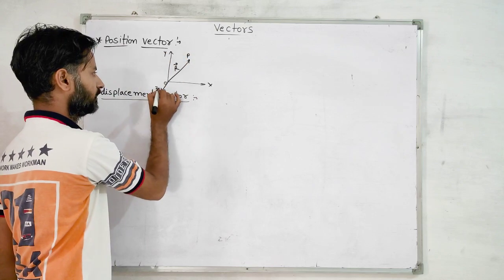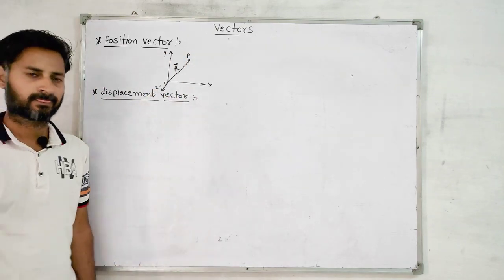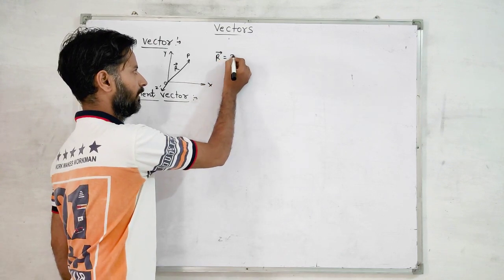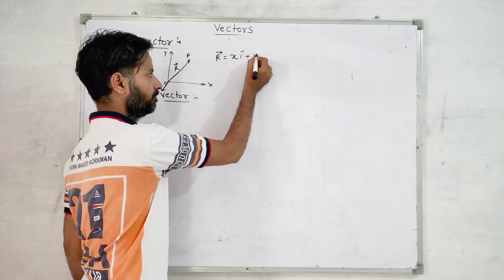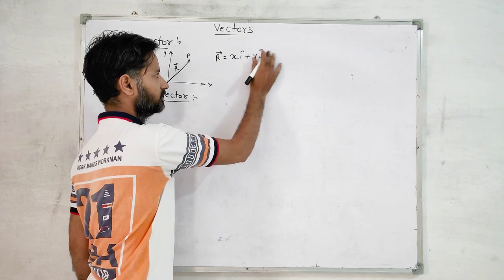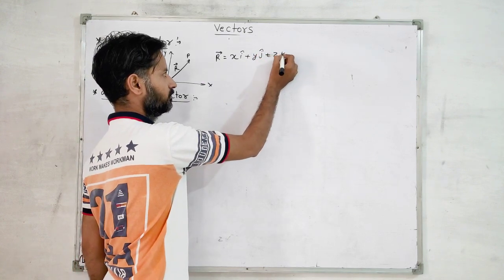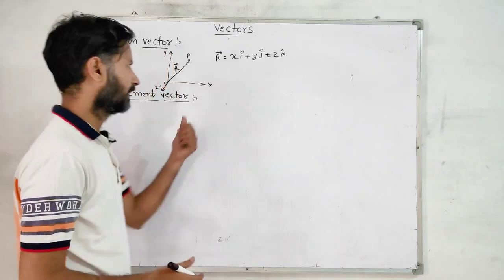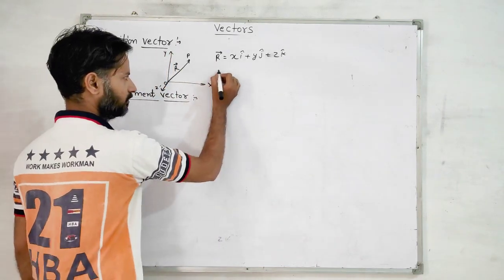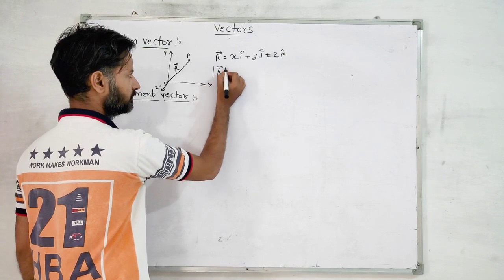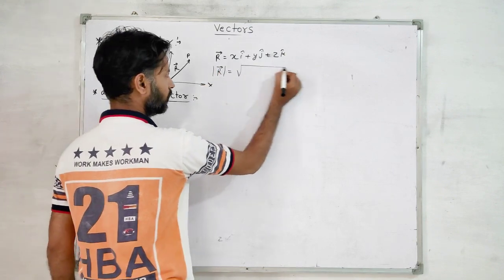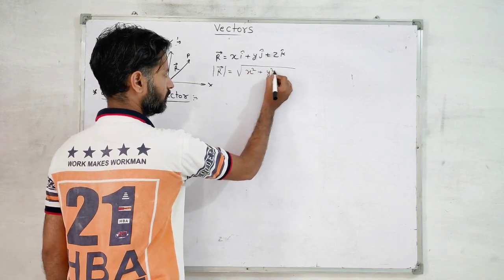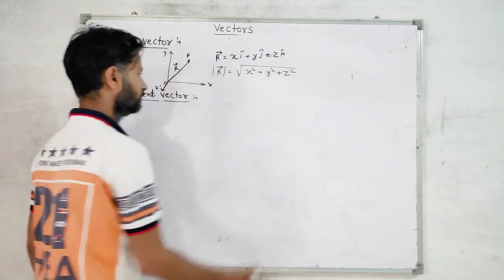With the x-axis, y-axis and z-axis, this position vector can be written as x i cap plus y j cap plus z k cap. If we want the magnitude of the vector r, it can be found as the square root of x square plus y square plus z square.